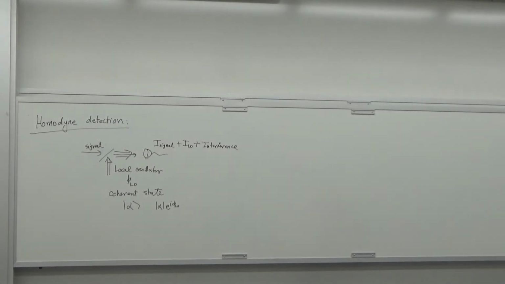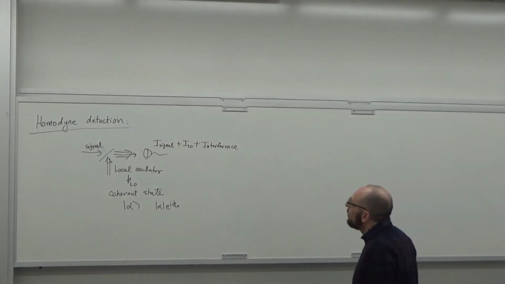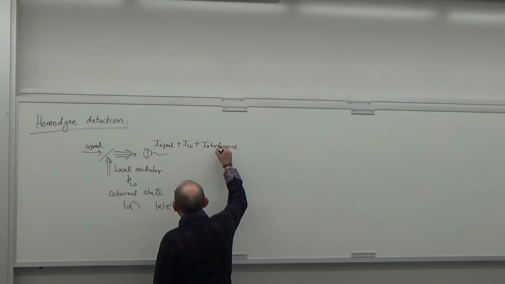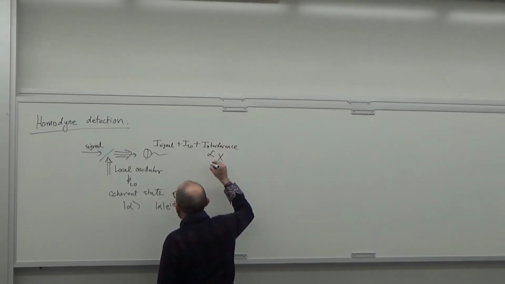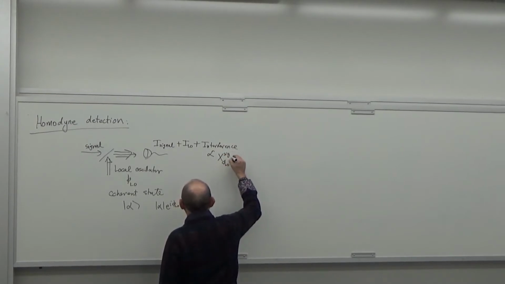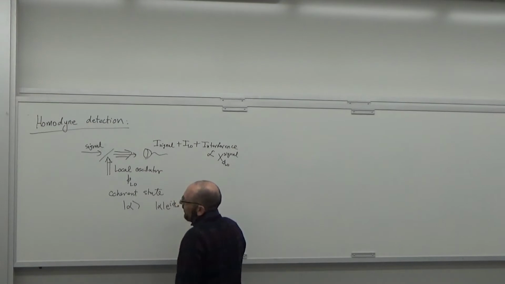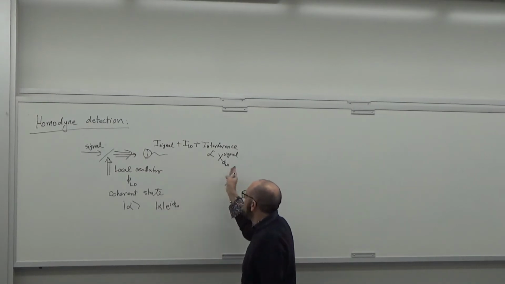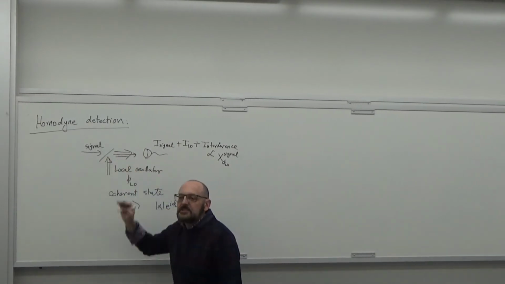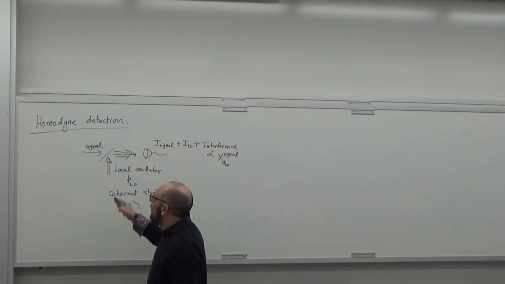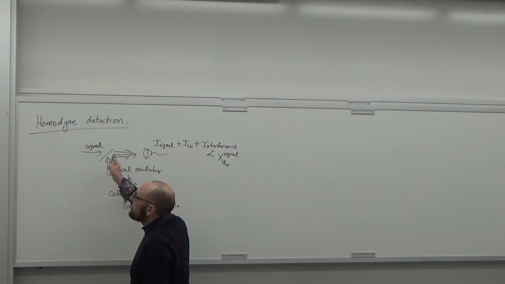And that interference term, because it's interference, depends on the phase of the local oscillator. And through that interference term, we will get something that is proportional to the quadrature of the signal along the phase of the local oscillator, or it might be shifted depending on the phase shift that is also induced by the beam splitter.